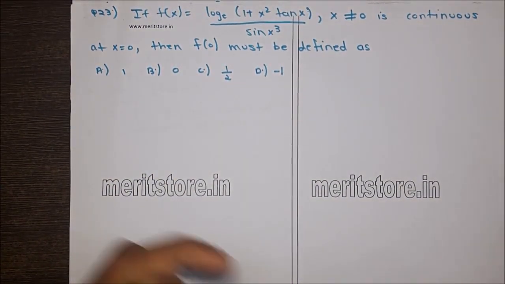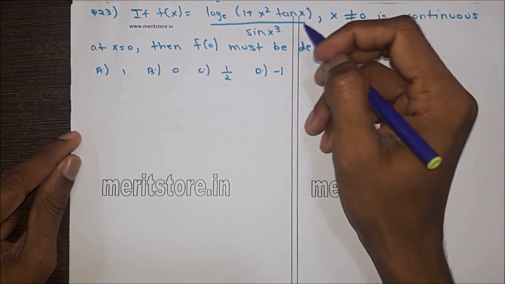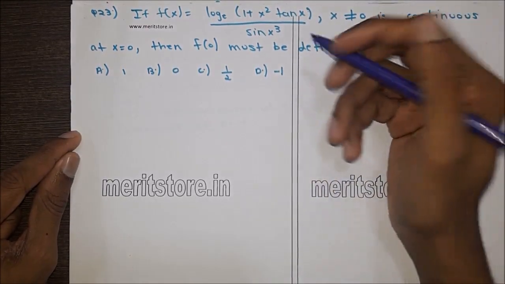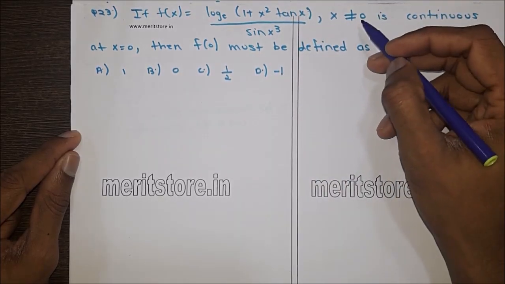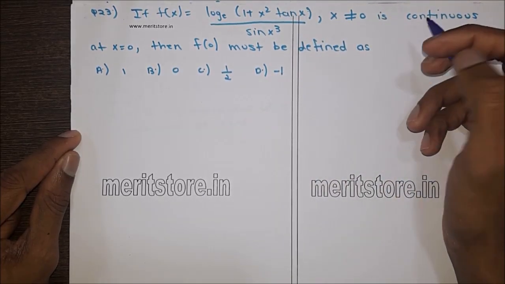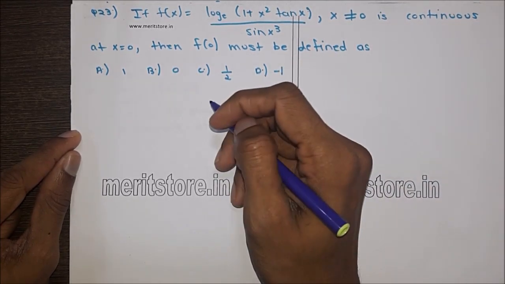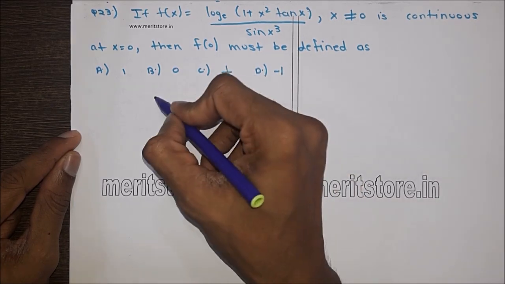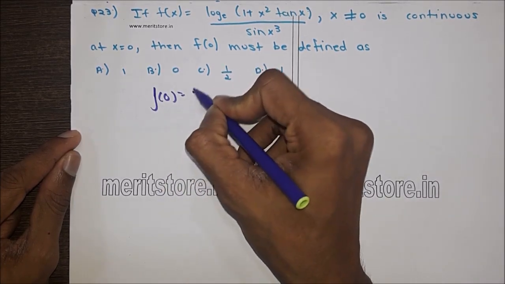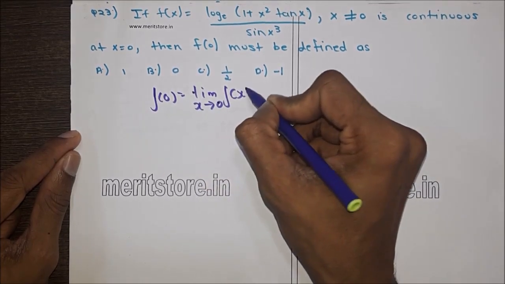Question 23. If f of x is equal to log to the base e of (1 plus x square) into tan x upon sin x cube, where x is not equal to 0, is continuous at x equal to 0, then f of 0 must be defined as? Since the function f of x is continuous at x equal to 0, we can write f of 0 equal to limit x approaches 0 of f of x.